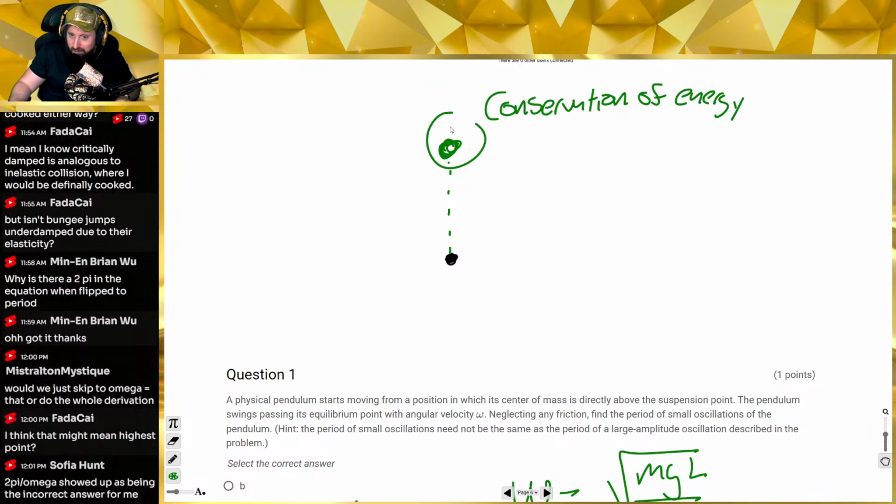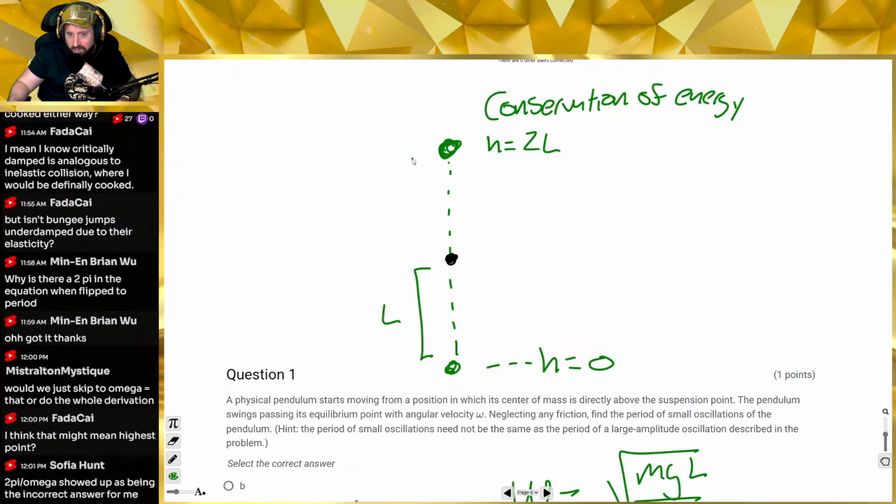Okay, conservation of energy. So up here, let's call this h equals 0. Then this is h equal to 2L, if this is L, and this is also L, and let's call this the rotation point.